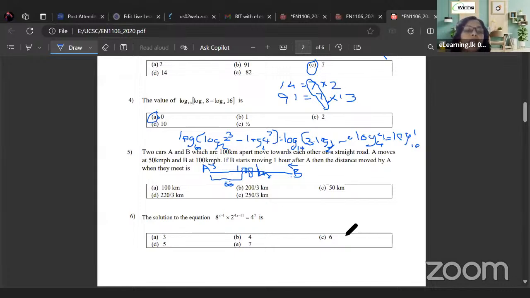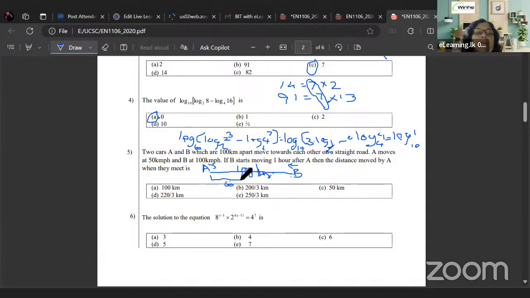Then how do we find it? When A goes 25, B will come 25 divided by 2.